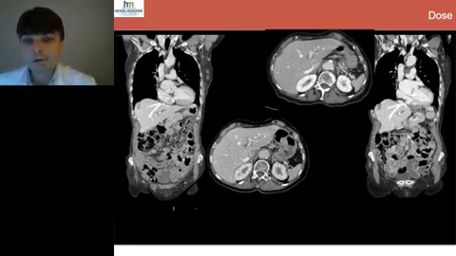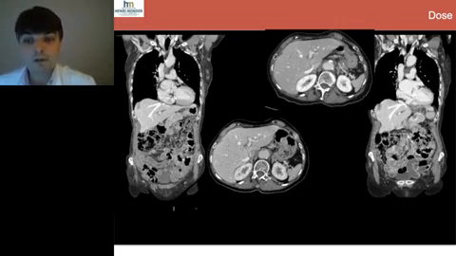And here's a comparison of a thorax, abdomen, pelvis acquisition in an oncologic setting in a patient. Image here with a polychromatic imaging, 120 kVp images, and here monochromatic reconstruction based on spectral imaging acquisition.